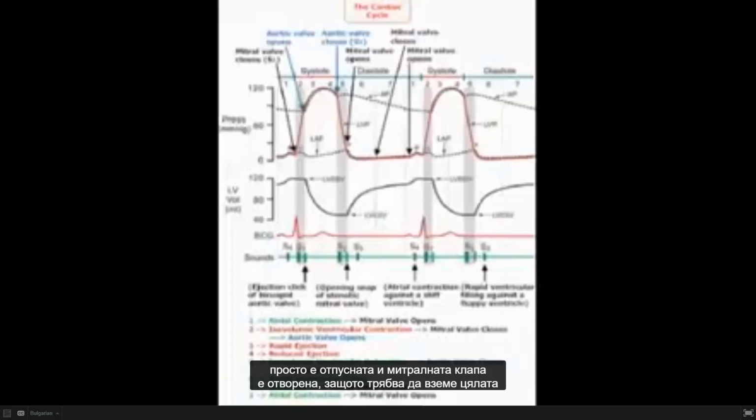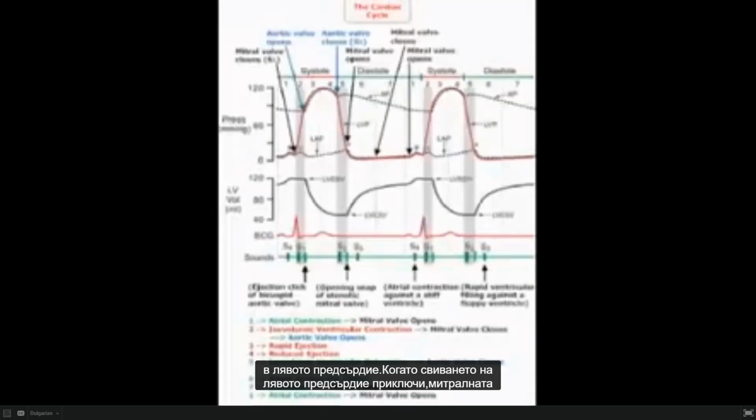Because it's supposed to take the blood from the left atrium. And to take the blood from the left atrium means the left atrium in that way is supposed to contract. So when you have relaxation of the left chamber, at the same time you have contraction of the left atrium.